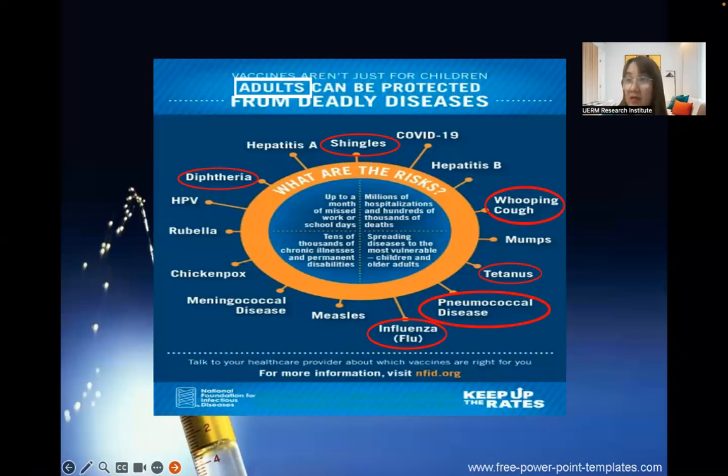Because of a relative immunocompromised state associated with aging, vaccination against influenza, pneumococcal disease, and shingles, or herpes zoster, becomes essential. And more importantly, COVID-19 vaccine. And for high-risk groups, this includes vaccination for meningococcal, cholera, rabies, and typhoid.